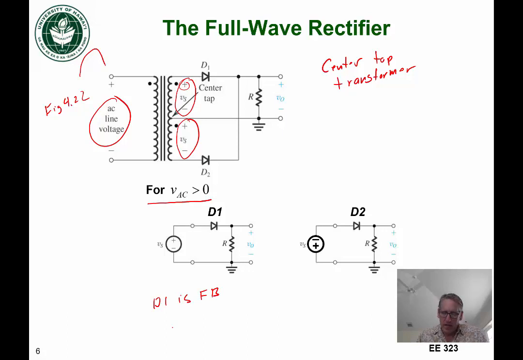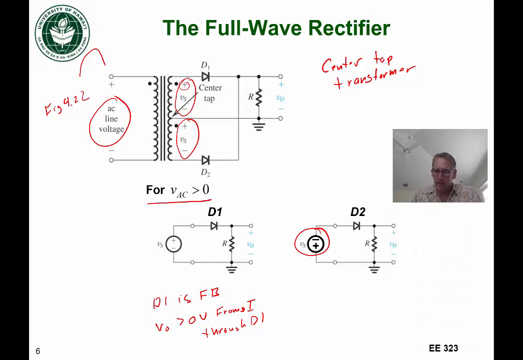And we can see that Vout is going to be greater than 0 volts from the current through D1. Now, what about diode 2? Well, in that case, we have a negative voltage on diode 2, because of the opposite phase of the source. And in that case, diode 2 is reverse biased.